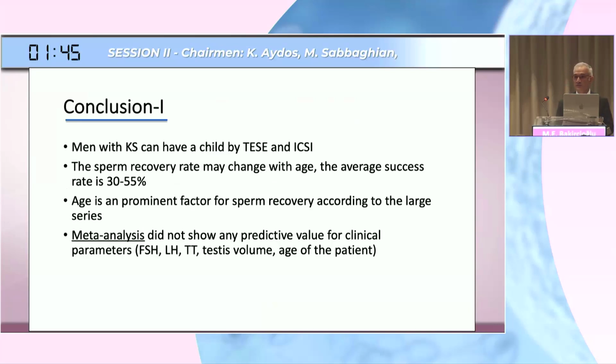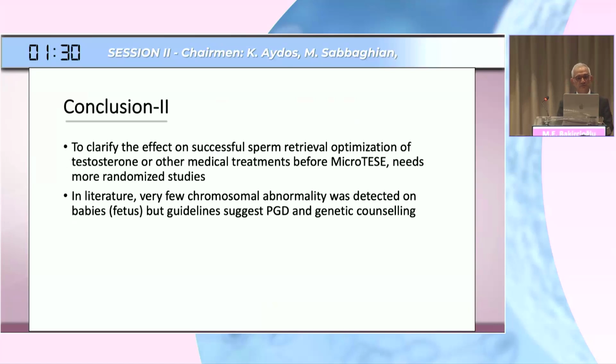And the meta-analysis, however, did not show any predictive value of clinical parameters such as hormone levels, FSH, LH, total testosterone, and testicular volume, and also the age of the patients. To clarify the effect on sperm retrieval success, optimization of testosterone or other medical treatments before micro-TESE needs more randomized trials and studies.